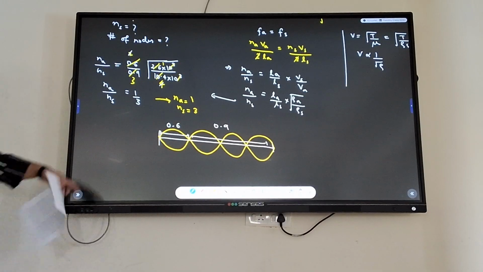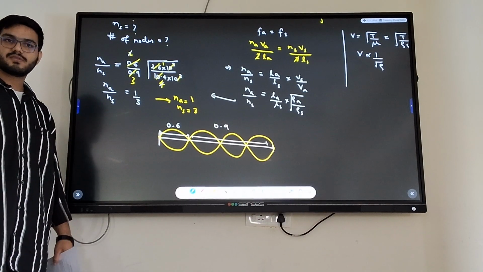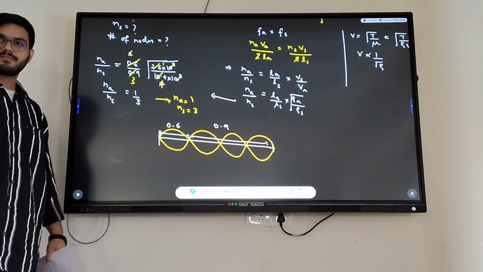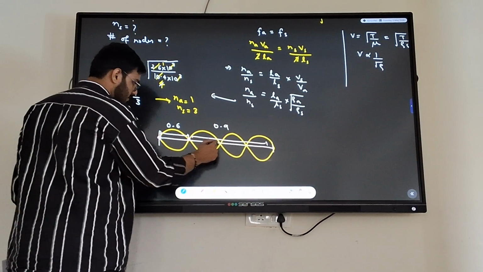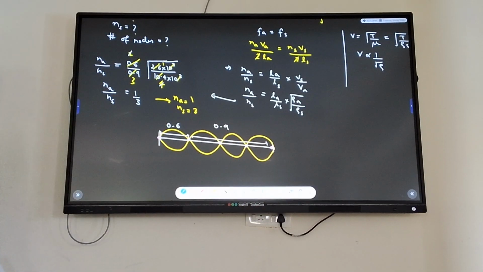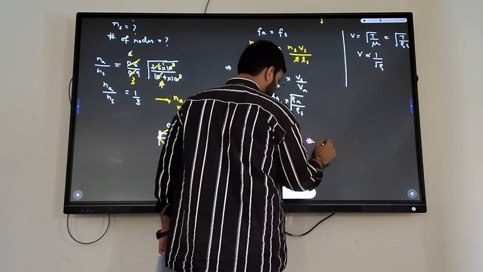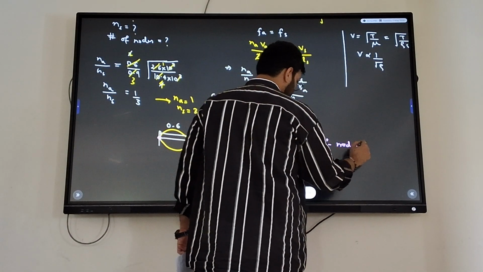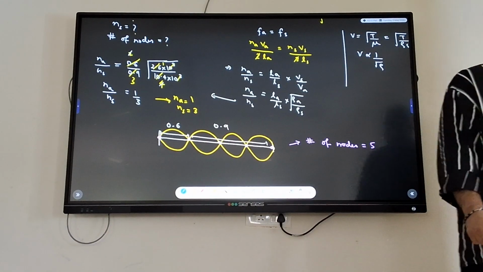If 4 nodes, then how many number of nodes do you have? Number of nodes? 5? Can you count it? Look, this is 1, 2, 3, 4, 5. So the total number of nodes is equal to 5.